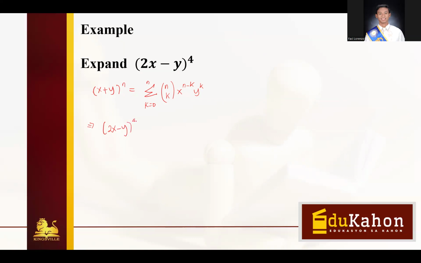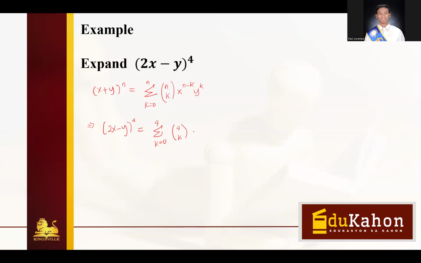So meaning, if this is the degree, or the exponent that we will be trying to expand, then we have the summation for k is equal to 0 and n is just equal to 4. So this is 4 taken k. So k varies from 0 to 4.